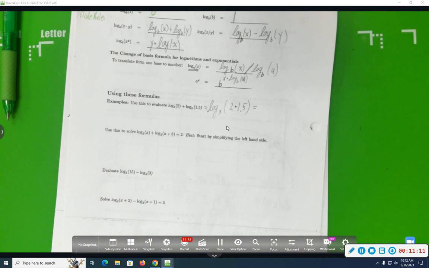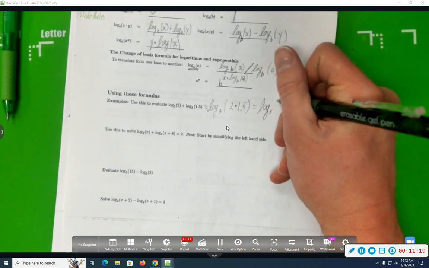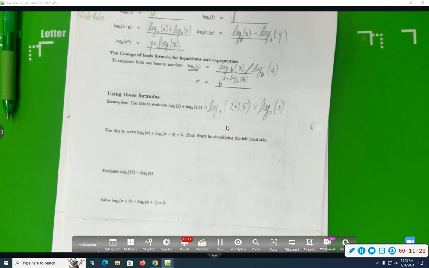What's 2 times 1.5? 3. So this is exactly the same as the log base 3 of 3. Oh, cool. What's the log base 3 of 3? 1.